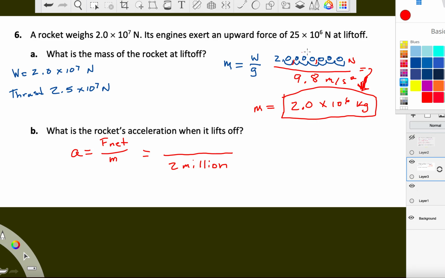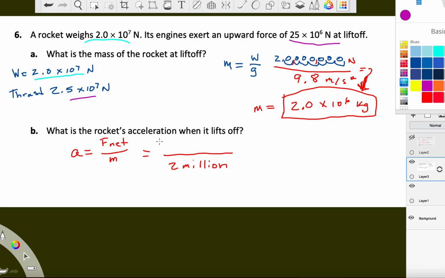And then I'm going to talk about these two numbers up here. Let's use a different color so I can underline them. This is the thrust. Remember the thrust. And then this over here, this is the weight. So basically what I'm going to do is take my weight and subtract that from the thrust.